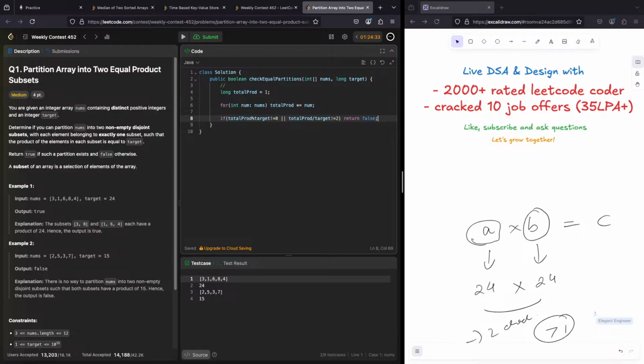This is the first check. And then I should pick up all the elements that form the target, right? Suppose should be true.